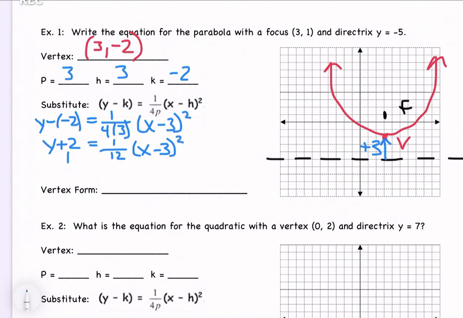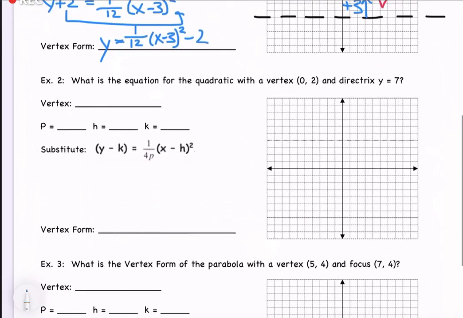And our final step, we take that 2 over. And so we have y equals 1 over 12 times x minus 3 squared minus 2. So if you notice, now we moved 3 to the right and 2 down, and that puts us right there at our vertex.